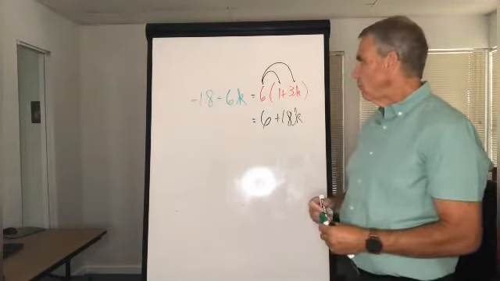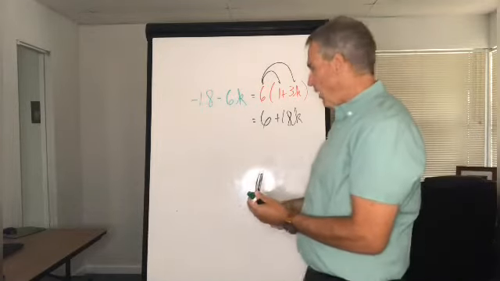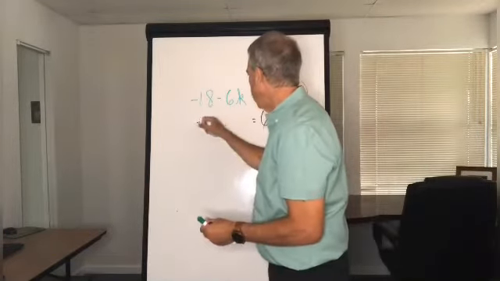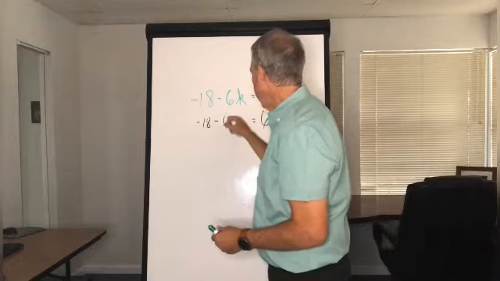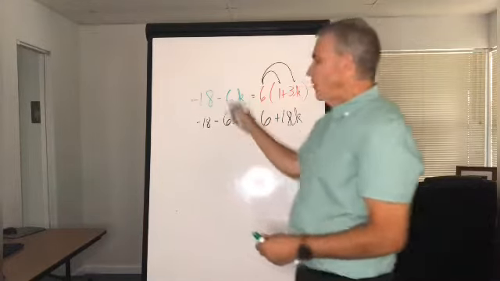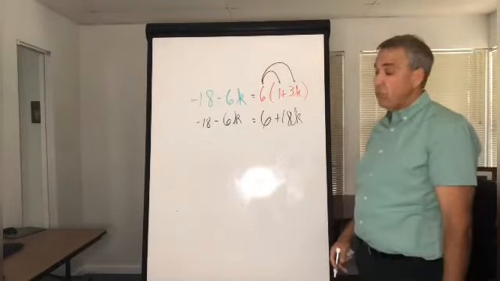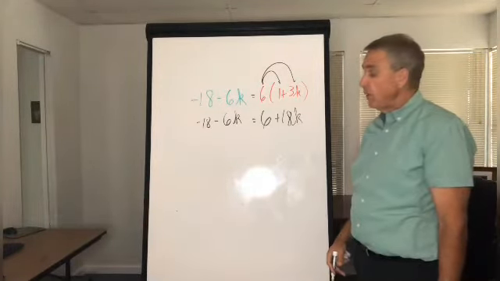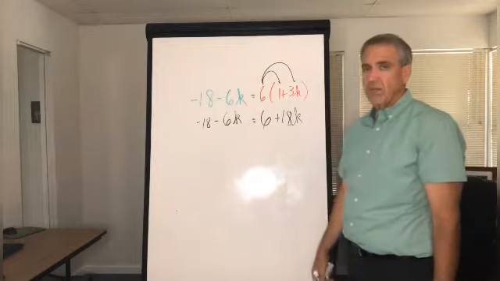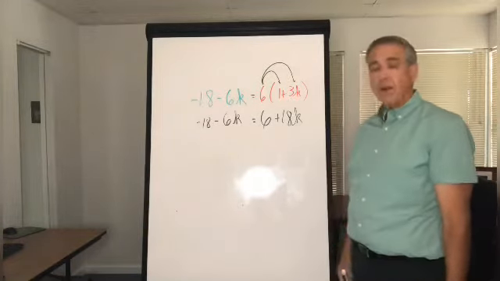Come over here. Here we're just going to bring it down. There's no dance over here. We just bring everything straight down. Do you know what our next step is? We got to bring those k's over there to the left. You got to kill a positive 18k.